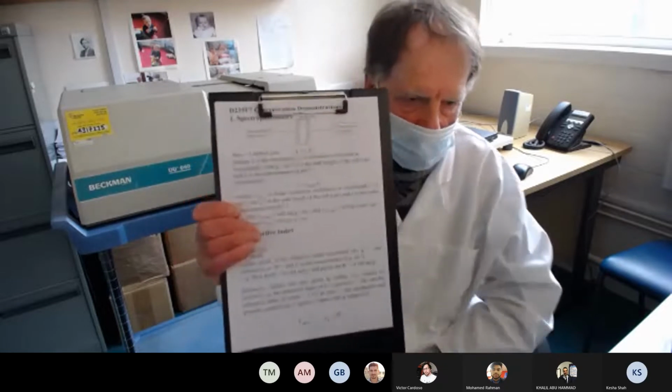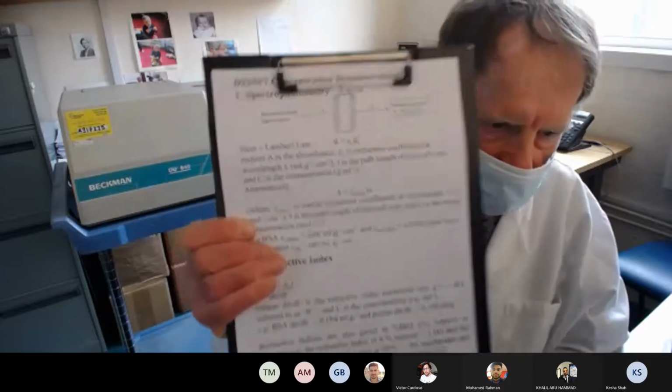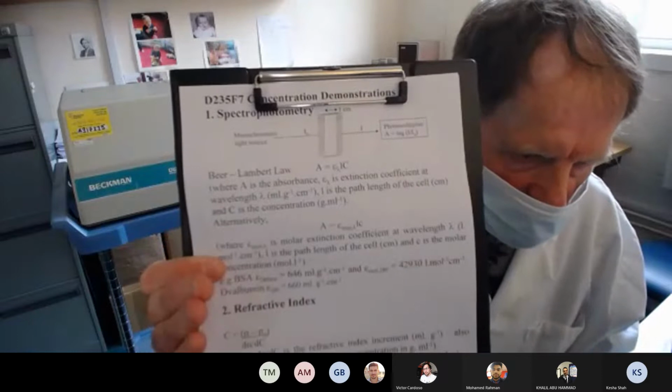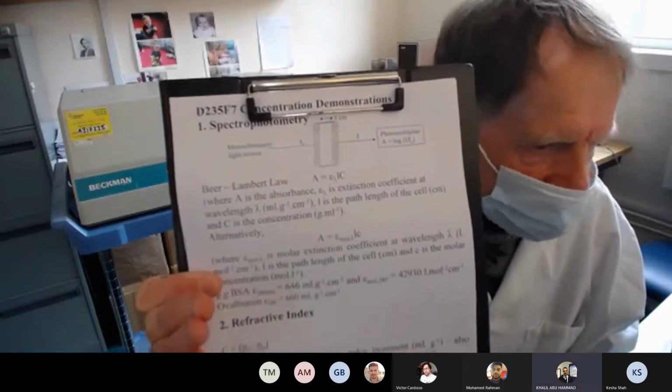Right. So on the Moodle for your modules, there is a file marked concentration measurement demo, and I've also put that on the chat as well. It consists of two sheets. The first of which, I don't know whether you can see that. Is that reasonably clear? Yes, it's clear.